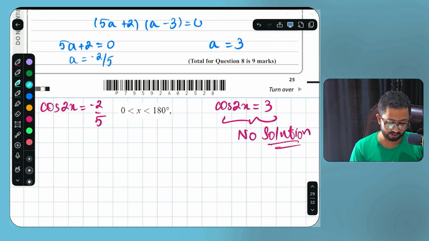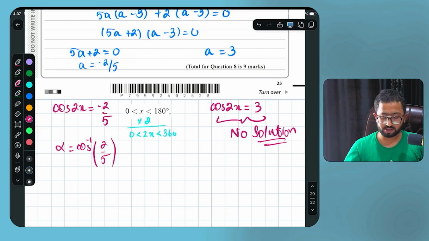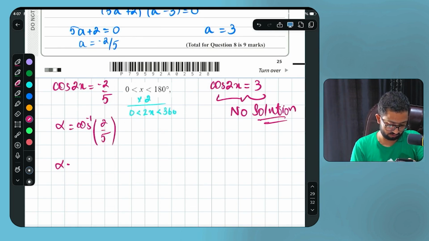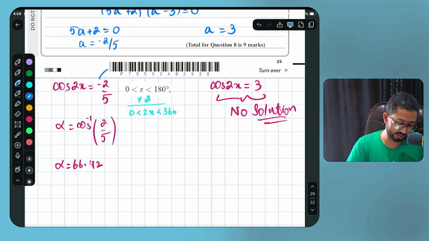So obviously you can see I can't take inverse. So 360. So the answer of cos inverse 2 over 5. Ignore the negative sign. Be careful. Our calculator must be in radian. Be careful about that. Cos inverse. And now as you can see, cos is negative actually.